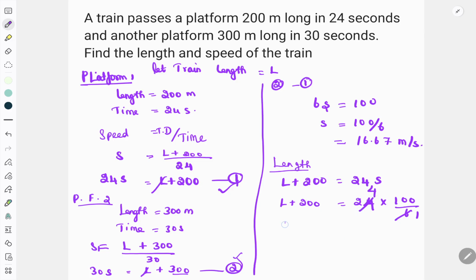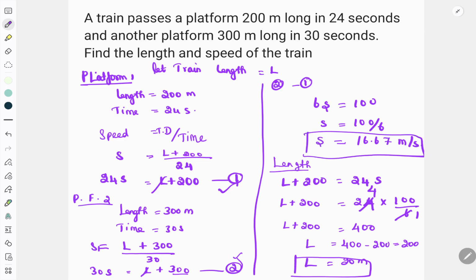So L plus 200 equal to 4 into 100, 400. So L equal to 400 minus 200 equal to 200. So length is 200 meter. Okay, and speed is 16.67 meter per second. Right?